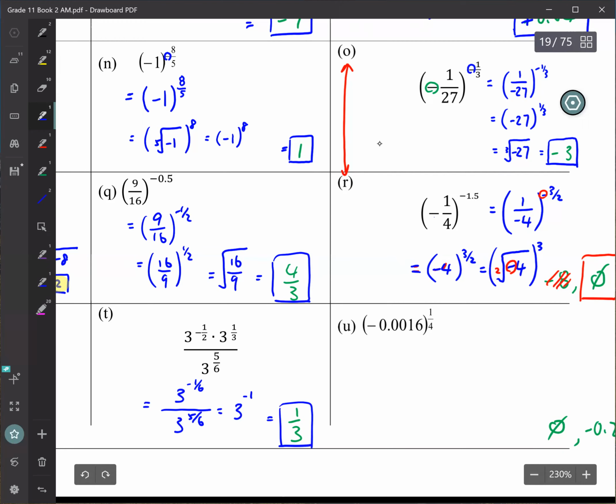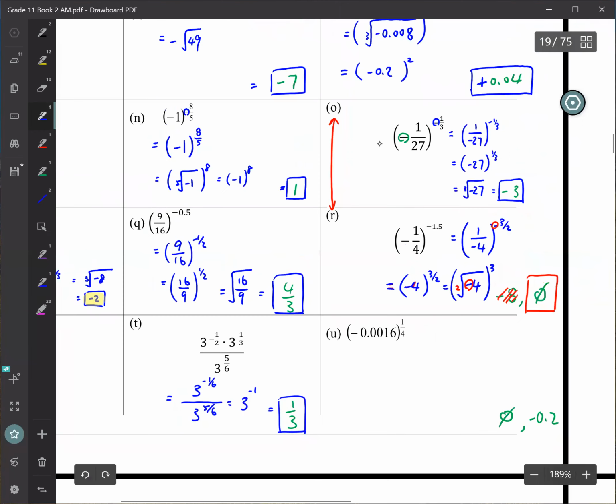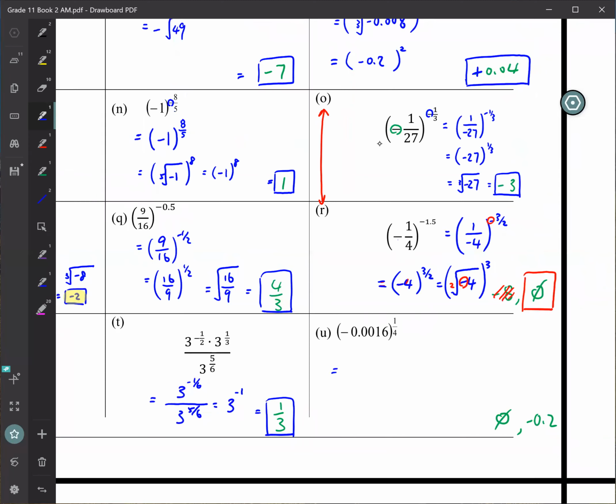So 1/3. Okay, last one we have here is fourth root -0.0016. So this is even, right? Question R, question U are similar as well, okay? So fourth root with the negative on the inside, this one is undefined.